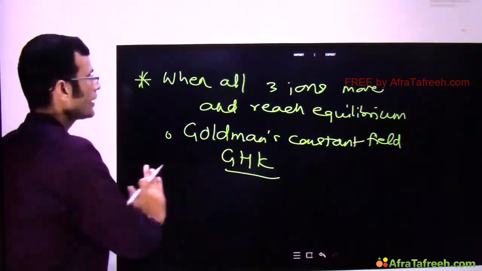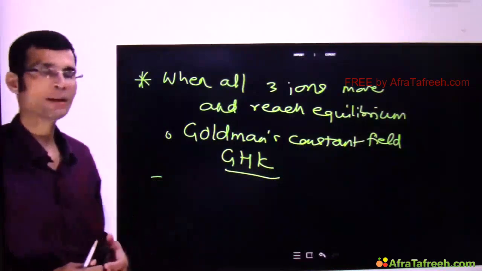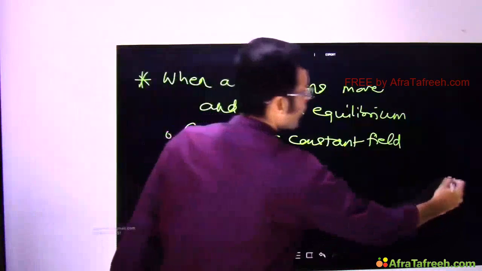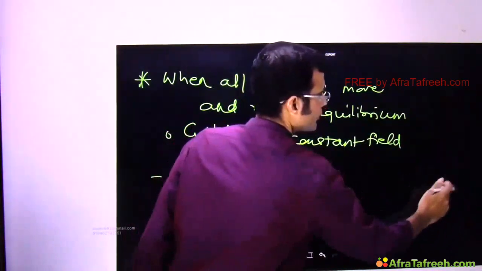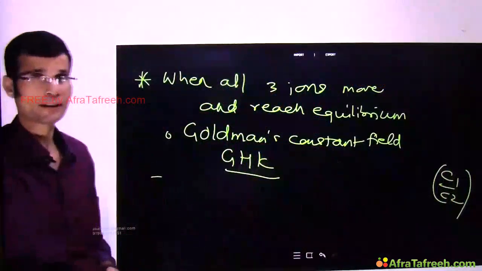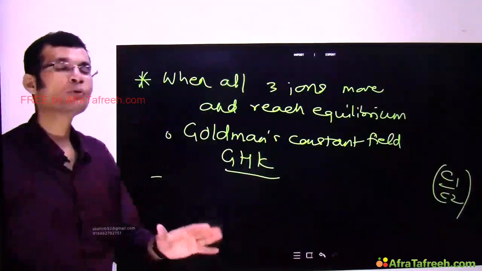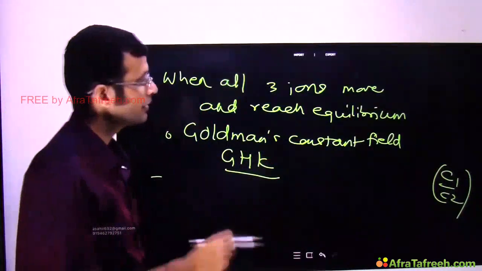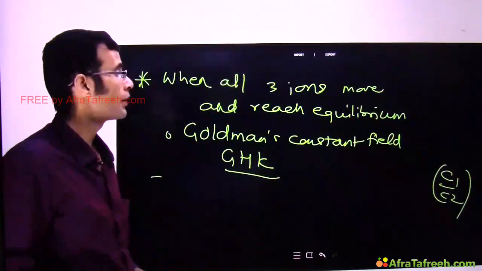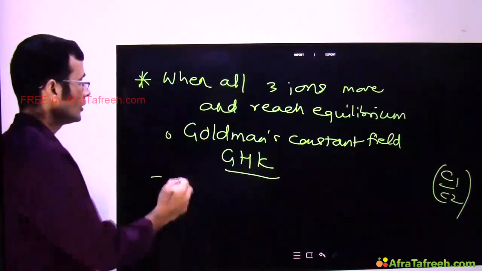It's a slightly expanded version of the Nernst equation. What all things should be considered in this equation? See, when one ion was moving and reaching equilibrium, we considered only one factor, C1 upon C2, concentration gradients, because when one ion moves, the only force on its movement would be its concentration gradient. But when three ions are moving simultaneously, then their movements depend on two factors.